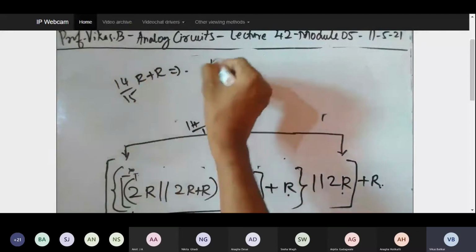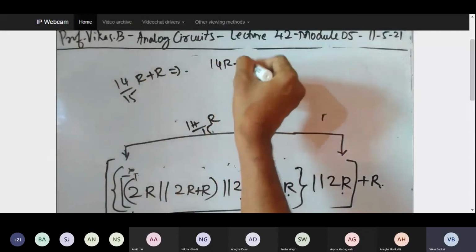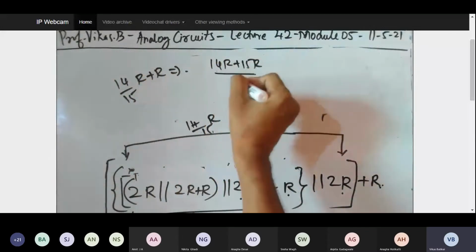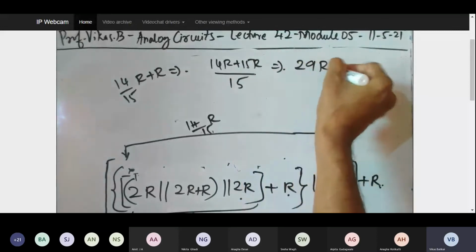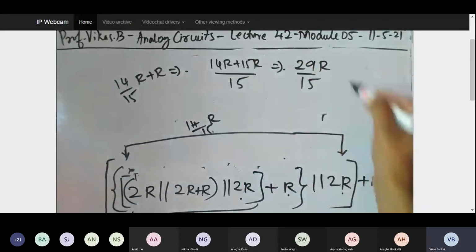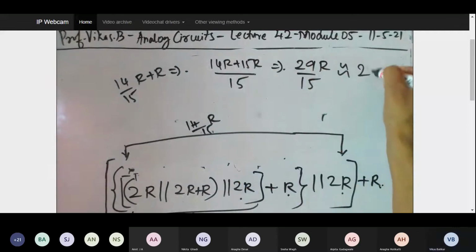So that will be 14 R plus 15 R divided by 15. That will be 29 R by 15. So this is approximately equal to 2R. That's how I obtain this entire equation's simplified version as 2R.